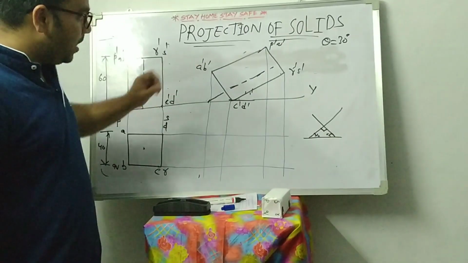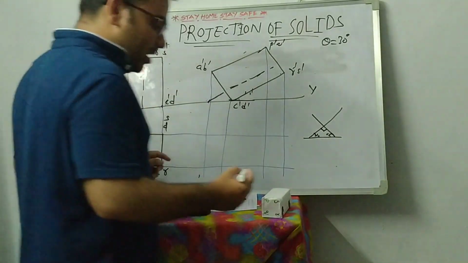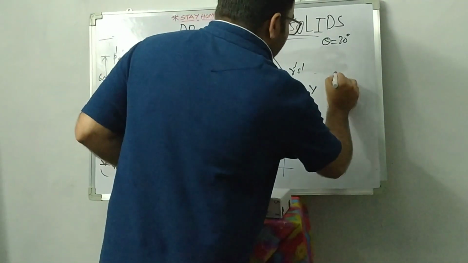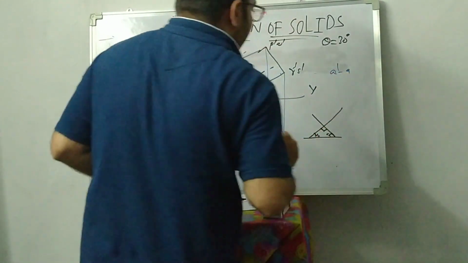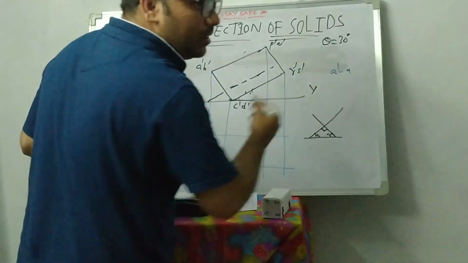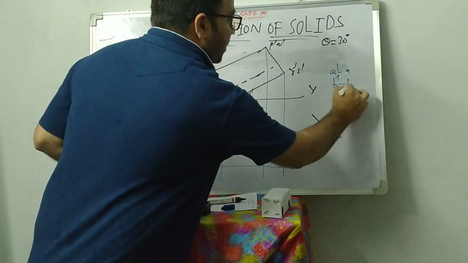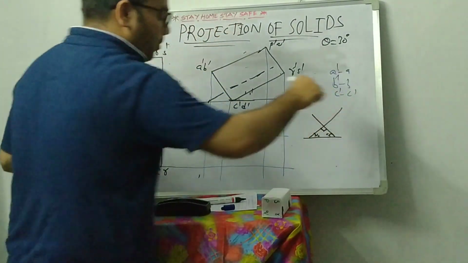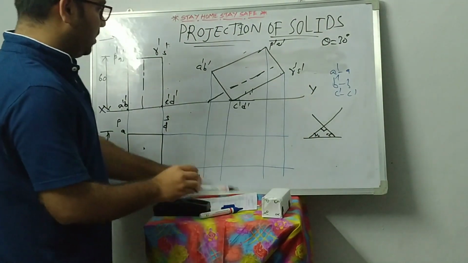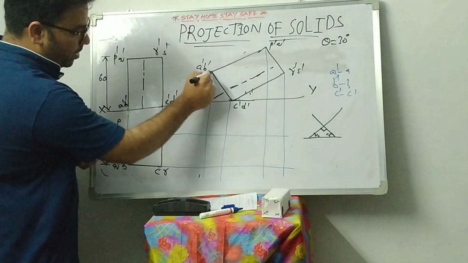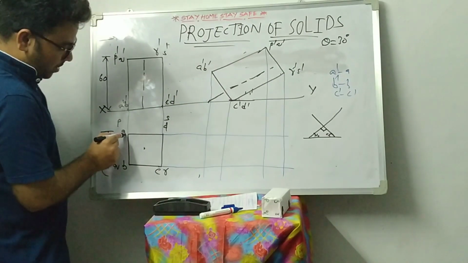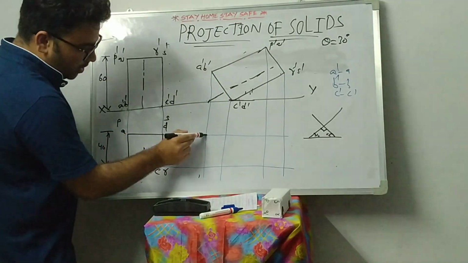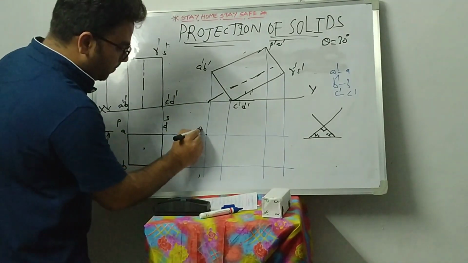Let us say A dash and A, where they are both meeting. We have to indicate A dash and A. Repeat the procedure. For example, see here, A dash is located here, I projected downwards. Now A is here, I projected here down horizontally. So this is my point A.